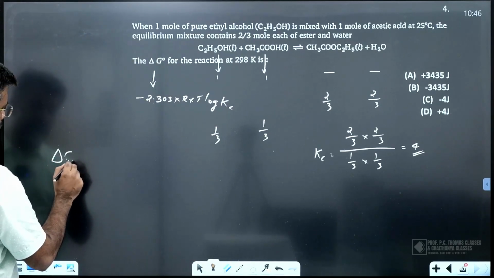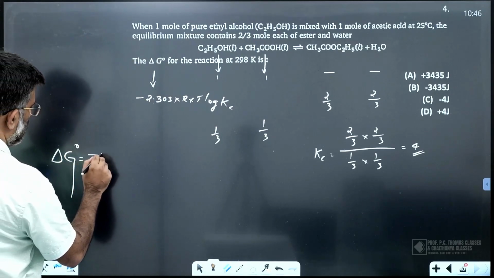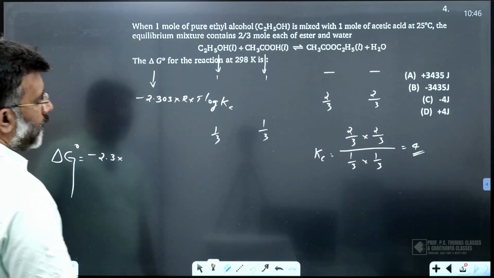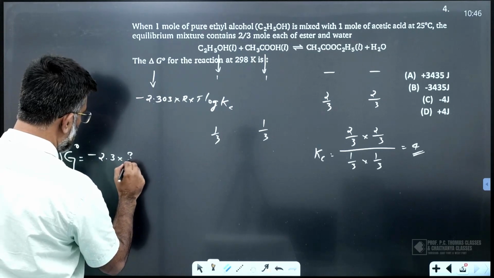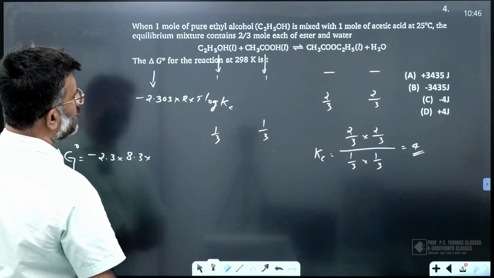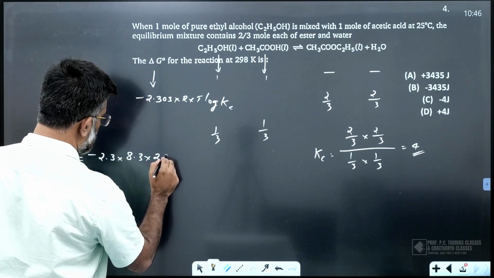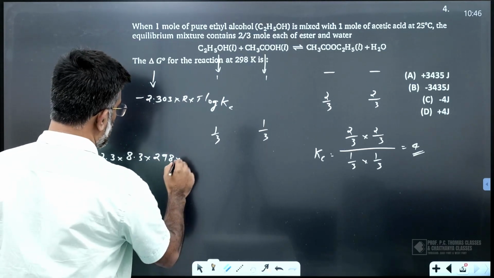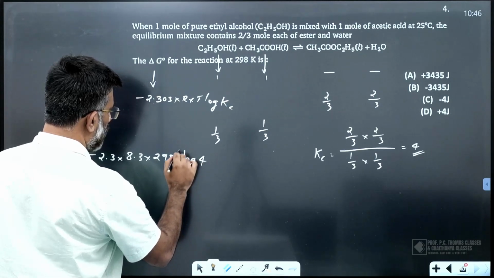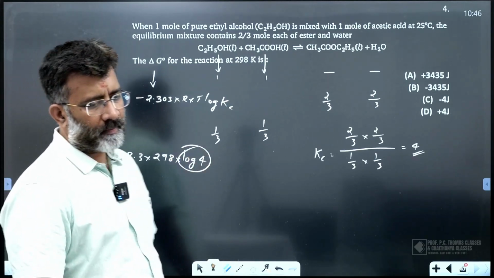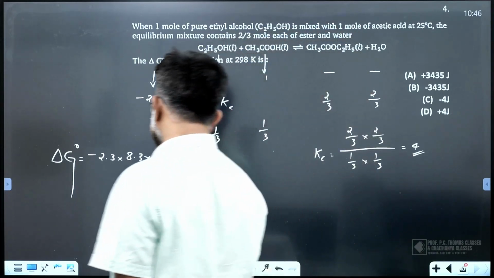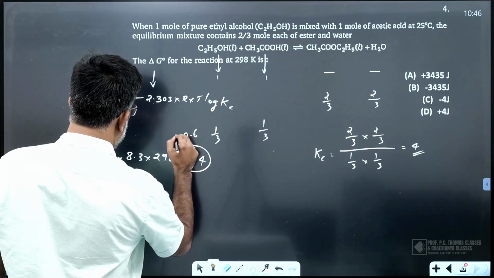Delta G naught is equal to minus 2.303. We want the answer in joules, so let me take R as 8.3. Temperature given is 298; you can take it as 300, into log 4. Log 4 is 2 log 2, so 2 into 0.3, that is 0.6.